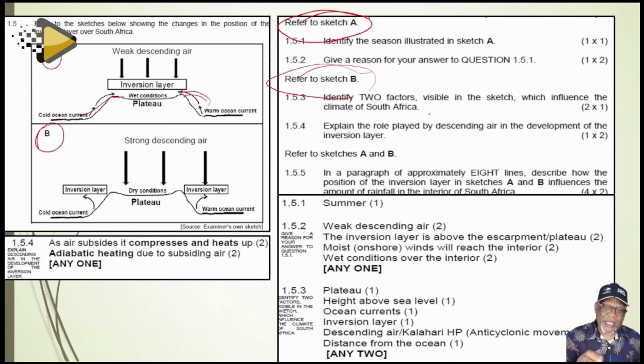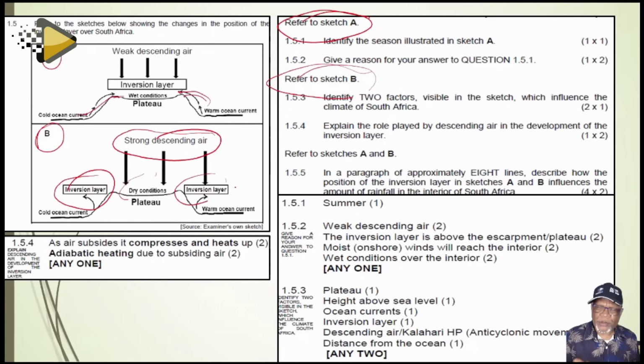They say, identify two factors visible in the sketch which influence the climate of South Africa. What can you see here? This is number one. You can see weak descending air in sketch B. Identify two factors. You can see there is a plateau.